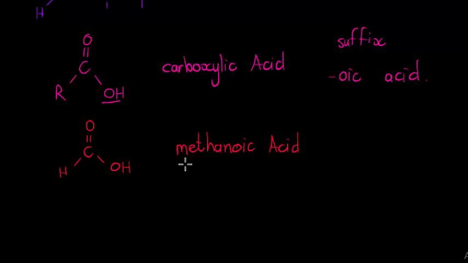Okay, so notice we have our methane and then we add the suffix oic acid, methanoic acid. And if I were to add another carbon, okay, so there I'm adding another carbon and OH, again hydrogens on those ends. This would be ethanoic acid.